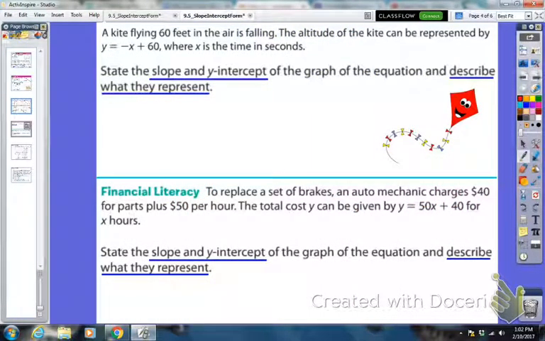Then lastly, we talked about word problems. A kite is flying 60 feet in the air. It's falling. The altitude of the kite can be represented by y equals negative x plus 60, and x represents the time in seconds. So I need the slope and the y-intercept and what they represent. My slope is going to be the number in front of x, which is just a negative 1, and that is how much it's falling per second.